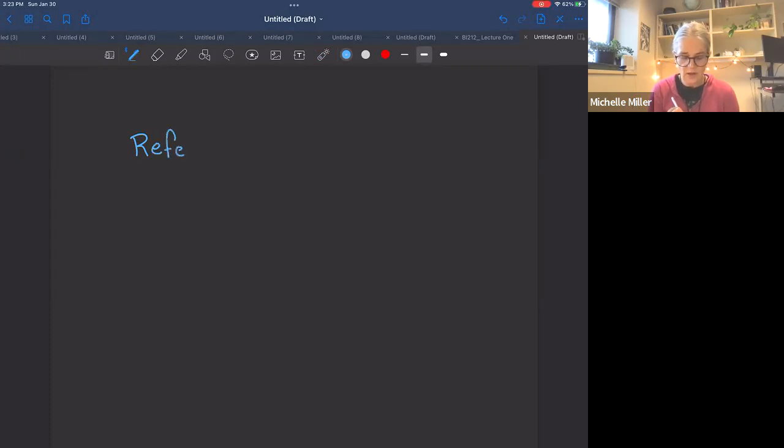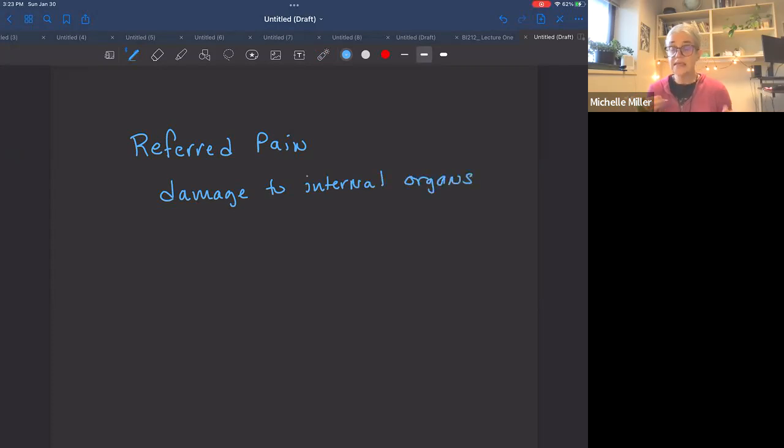So this is damage to internal organs. And these sensory receptors follow the same pathway as pain receptors that come from your skin.